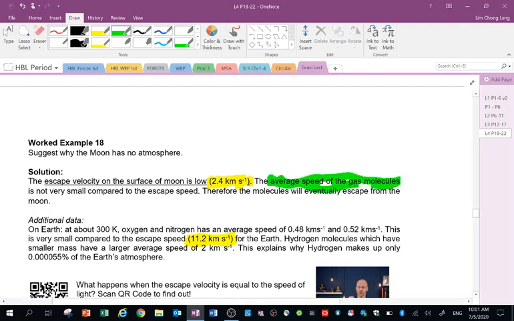If the average speed of a molecule is higher than the escape speed of that planet, the molecule will escape. Therefore, the moon has no atmosphere because most of the gases have average speeds higher than the escape speed of the moon. Whereas Earth has an atmosphere because the escape speed of the Earth is much bigger.